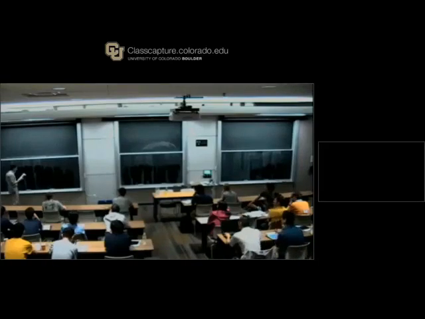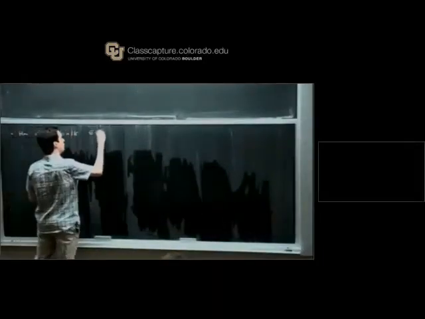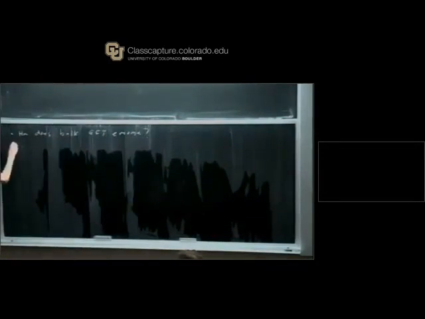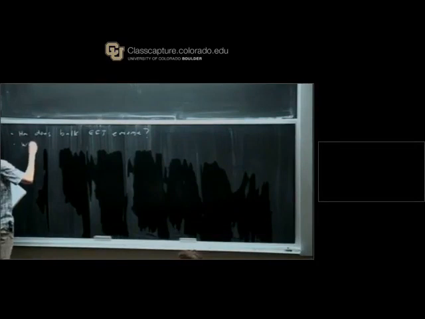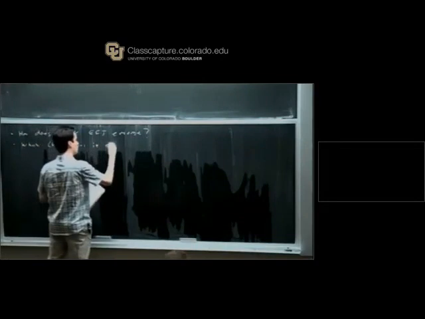So, in particular, I want to focus on a few basic questions. So how does bulk effective field theory emerge in CFT language? Which CFTs does it emerge from?